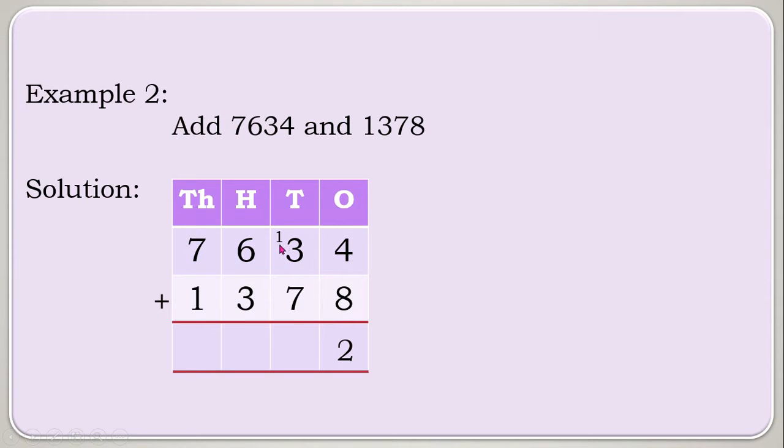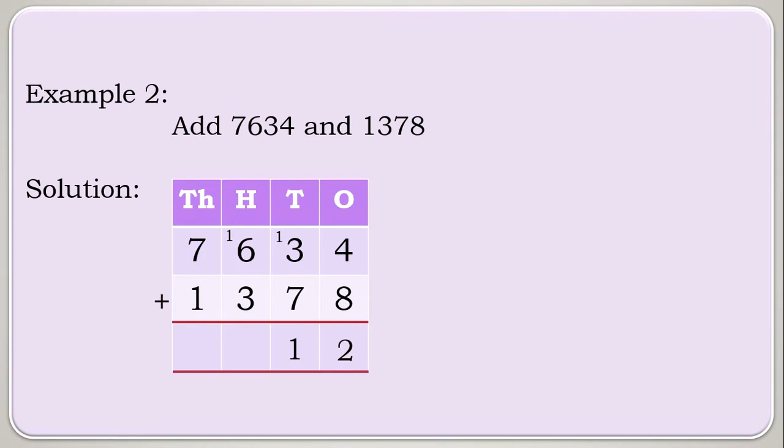Now we will include this in the addition of these digits. That is 1 plus 3 is 4 and 4 plus 7 is 11. And we will write 1 here and carry the other one to the hundreds place here.